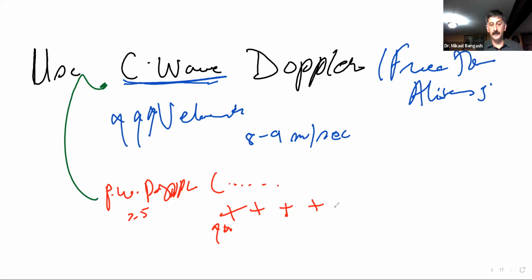And we could use a transducer, still a pulsed wave transducer, but one with a lower frequency than we used before.